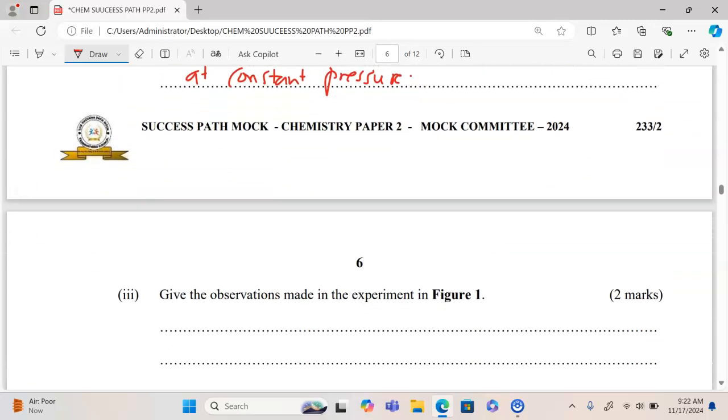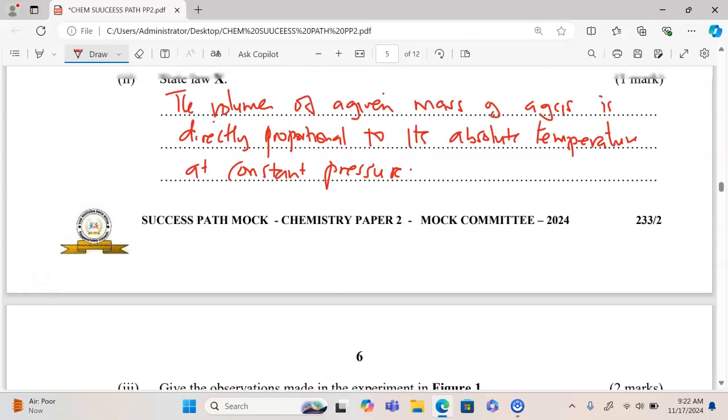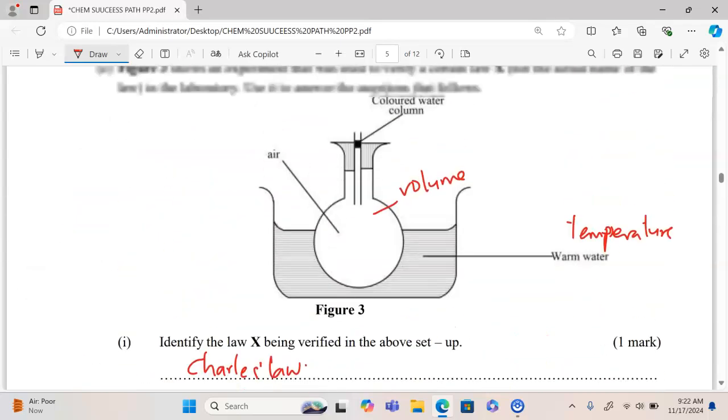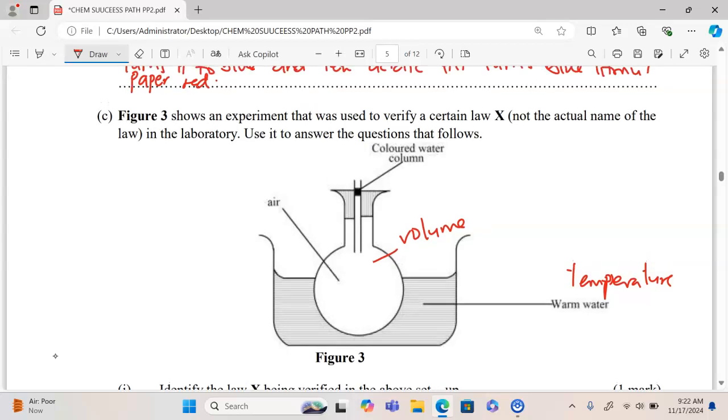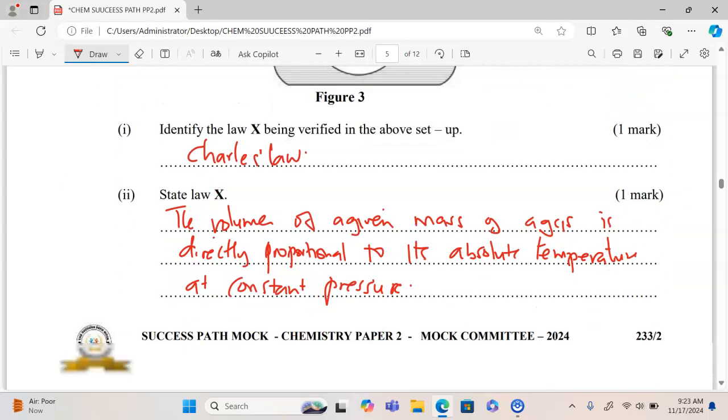We move down to Roman 3. Give the observations made in the experiment in this figure. Remember, we have the colored water column. So once the flask is heated, it expands and therefore creating more space, making the colored water column to drop. And after some time, when the air gets heated up, the air expands and therefore occupying more space, pushing the colored water column upwards.